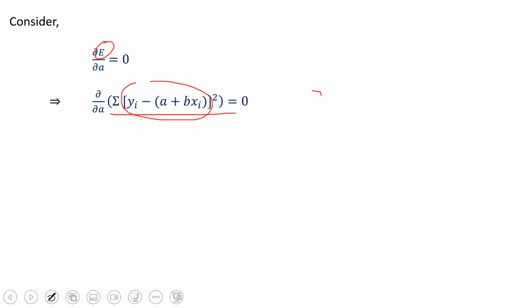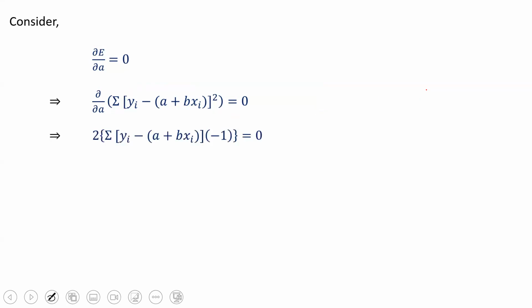What is the derivative of x square? It is 2x. So can I write it like this? Just look here: 2 times this whole square. We consider this as x, so the derivative of x square is 2 times x.